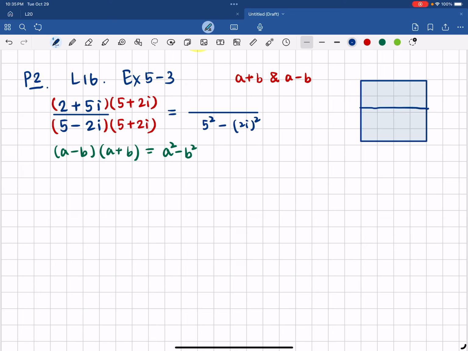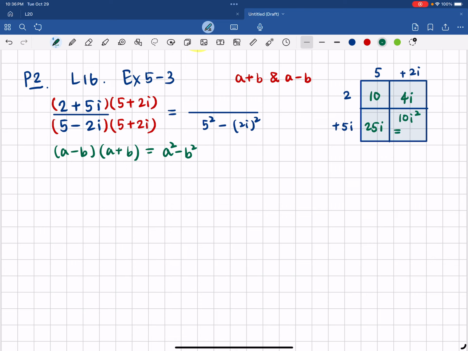And I'm going to divide the sides. So I have 2 positive 5i and then 5 positive 2i. And then we're going to multiply to find the area of each box. 2 times 5 is 10. 2 times 2i is 4i. 5i times 5, 25i. 5i times 2i, that's 10i squared.